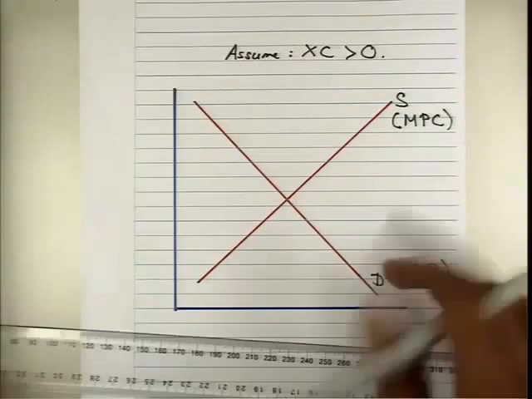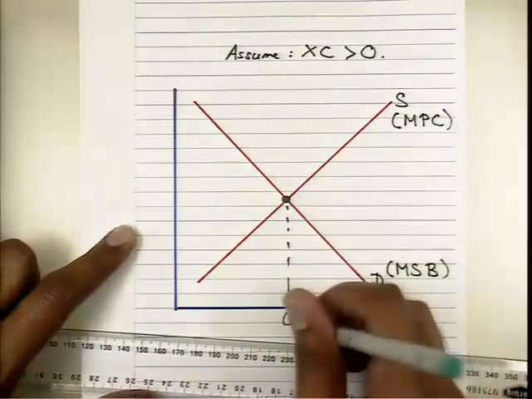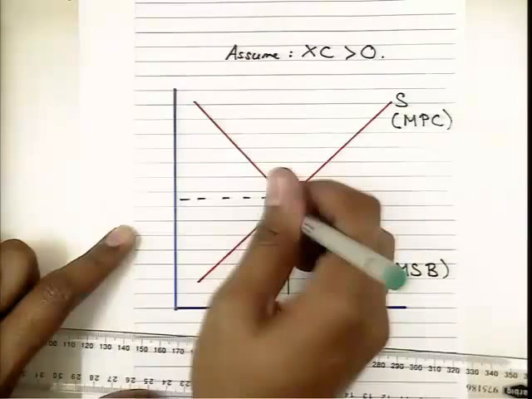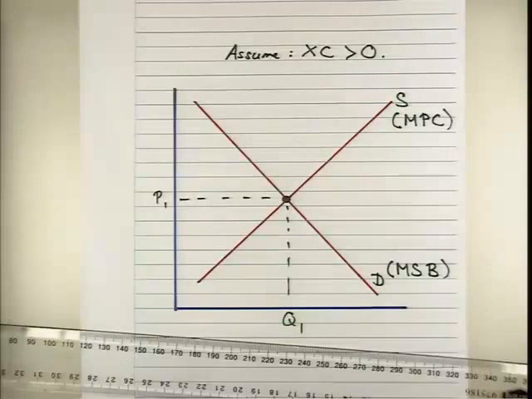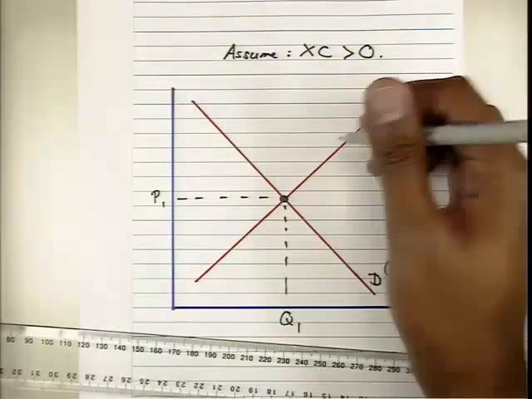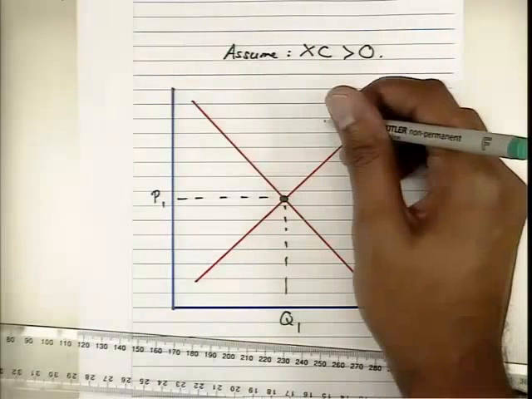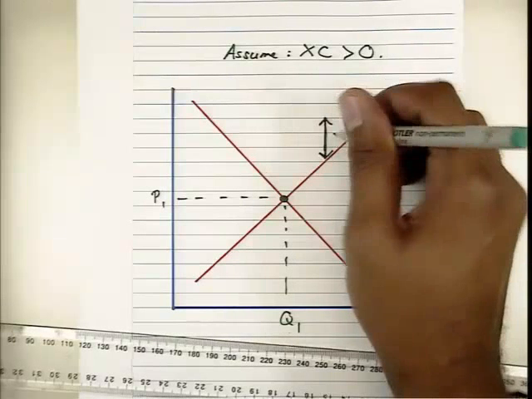There is an external cost, but the firm is ignoring it. If we add the external cost to the marginal private cost, the marginal social cost would actually be much higher.